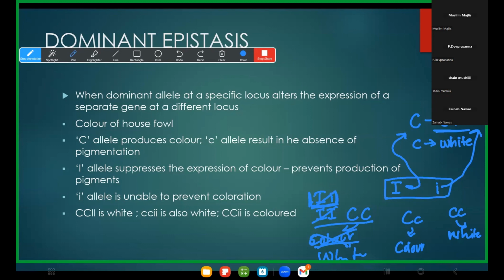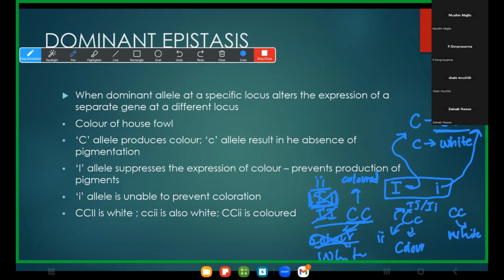Instead, if we have simple I, then because this is a recessive genotype and this is a dominant coloring genotype, this fowl would be colored. The same thing applies here, where if there is capital I or capital I simple I, then the fowl would be white colored, whereas if it was simple I, then the fowl would be colored.